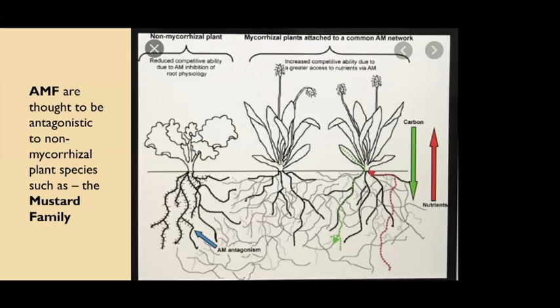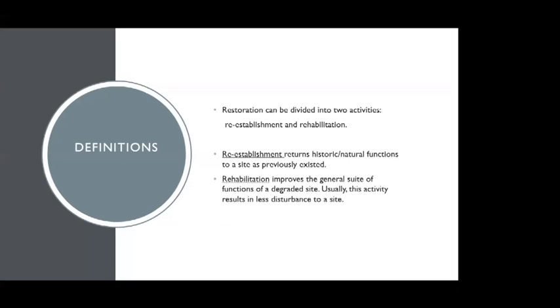So you can get a fairly quick recolonization. And in the next slides, I'll talk a little bit about that. I hadn't planned to, but I can. Okay, moving on. Thank you.